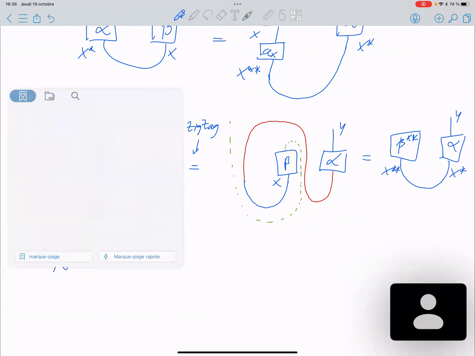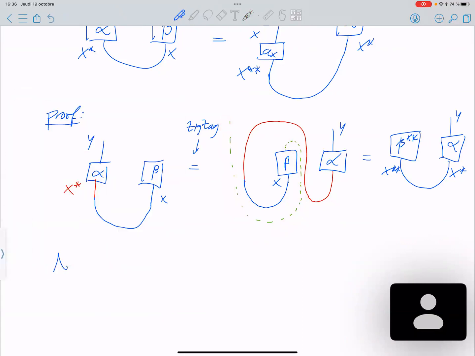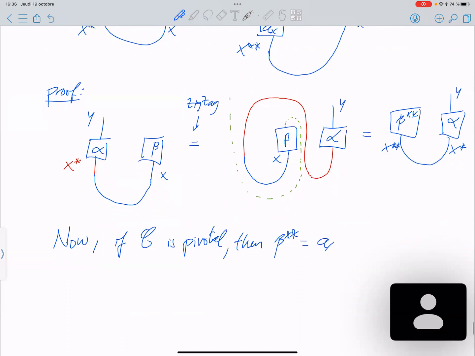So now, by pivotal structure, if C is pivotal, then beta double star equals A X composed with beta. A1 equals identity of 1, remember that.